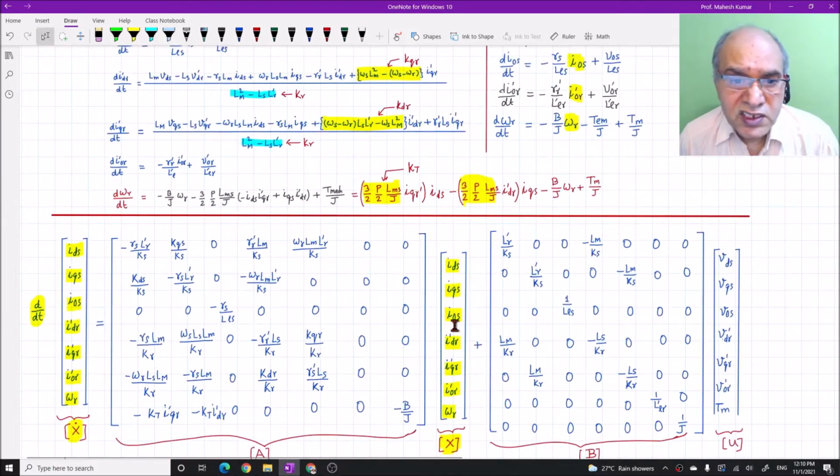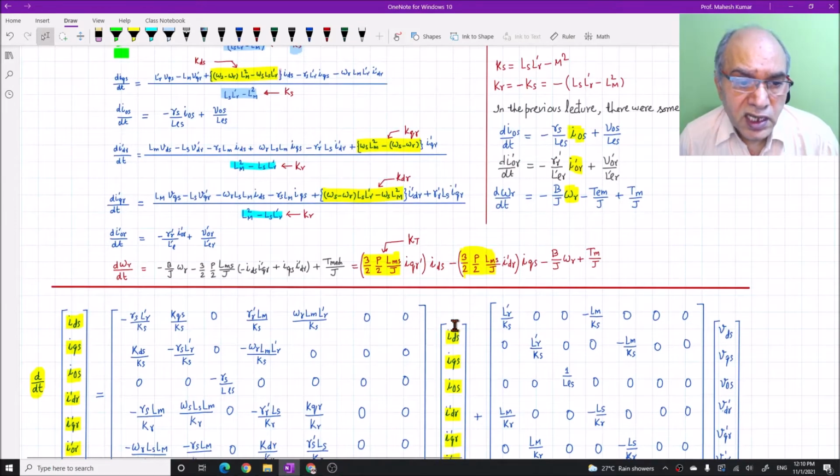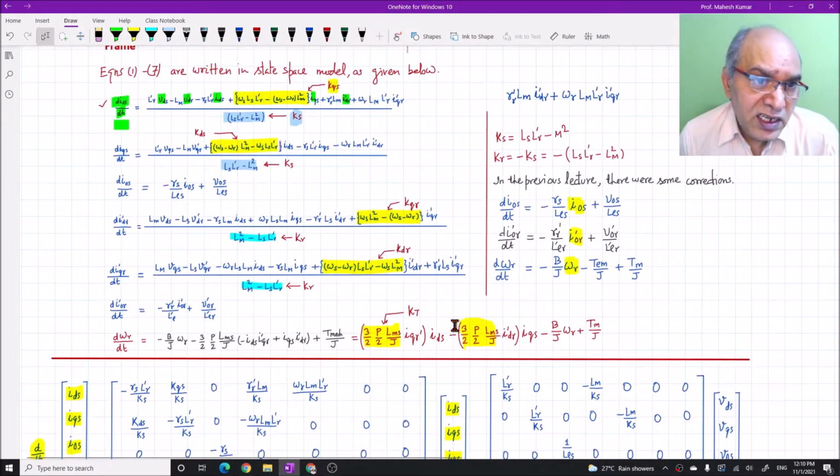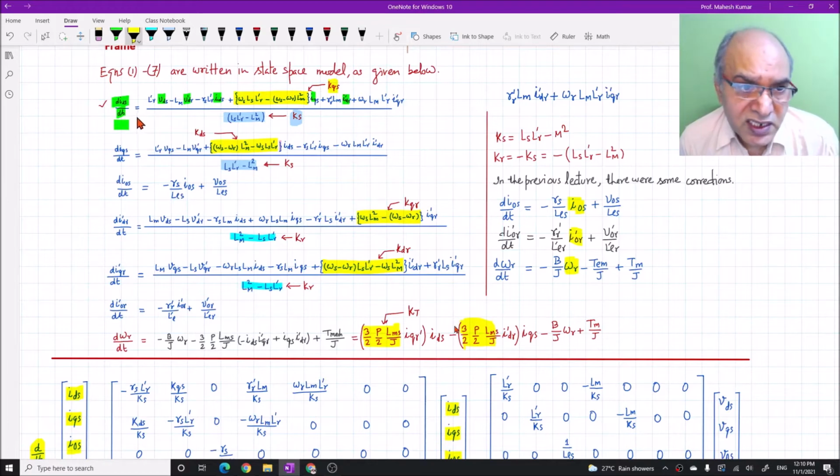If you see the first equation, that is dids by dt, the voltages and torque are the input variables for this state space model, and the currents are the state variables.